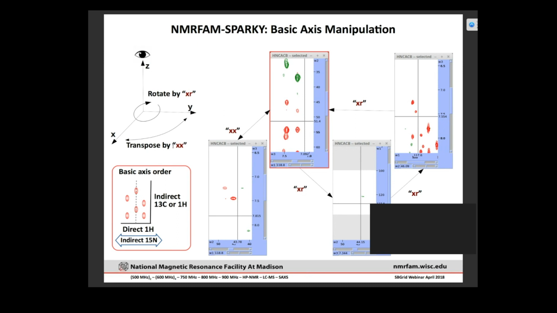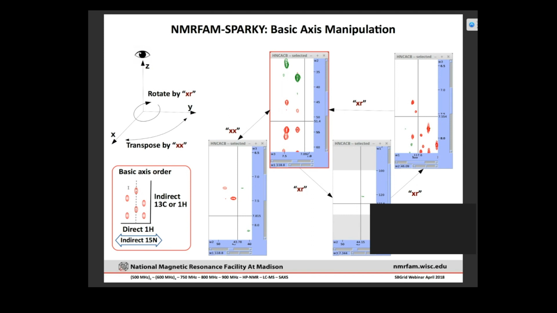And then 3D data. In 3D data for solution NMR, the main dimensions are amide proton and nitrogen. You put the indirect 15N dimension as the z-axis, the direct proton as the x-axis, and the other indirect dimension, C13 carbonyl or proton, as the y-axis.